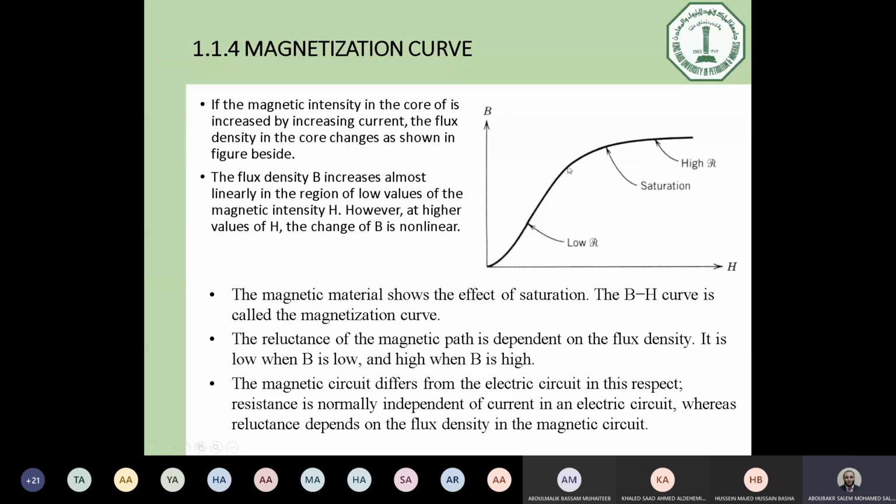However, it's not logical at all to move into saturation and high. Why? As you can see, from saturation here, the value of B is almost constant, or the increase in B is very small. However, you pay much more current. Is it right?